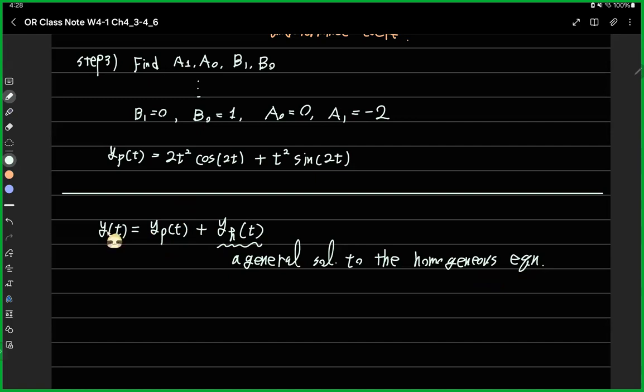So y of t returns the external force. That works, and the theorem guarantees that this is the general solution. That theorem is the superposition principle.